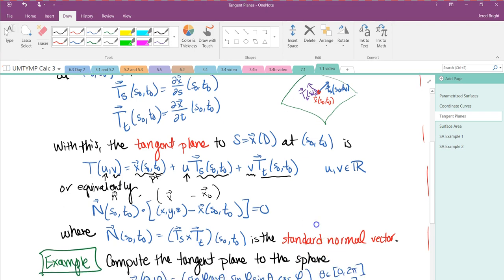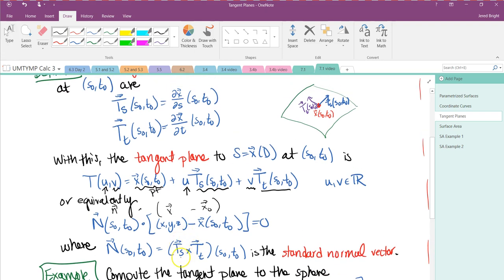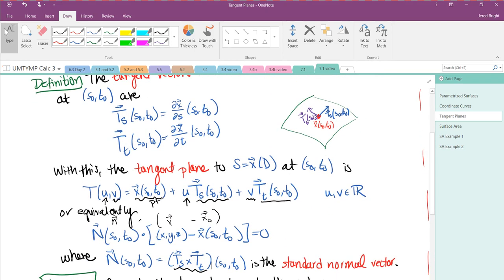Now, actually creating it, you'll notice that there is a cross product. That makes sense, because if we have two vectors that span the tangent plane, we can take their cross product, and it will be perpendicular to both of the vectors used to create that span, which then makes it normal to the entire plane. Great.